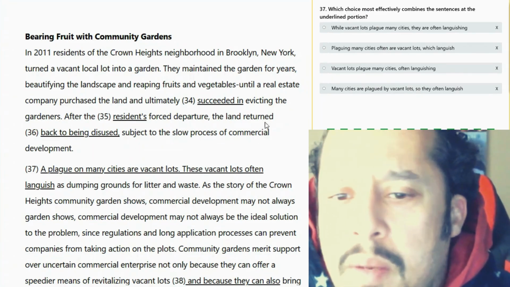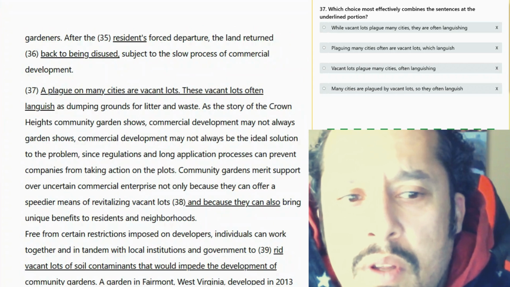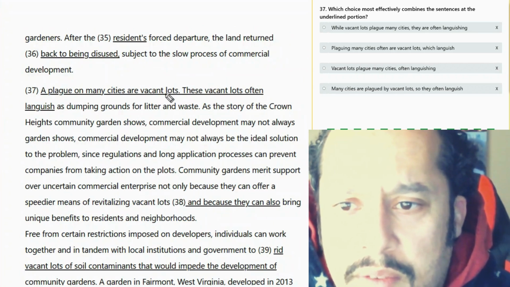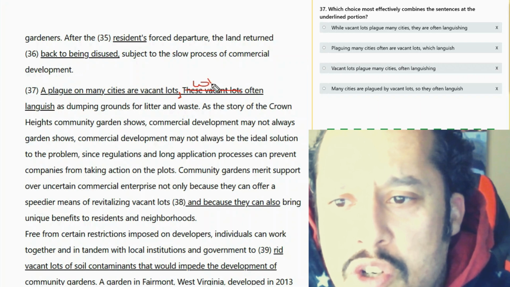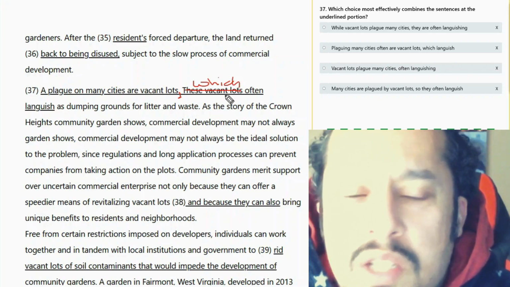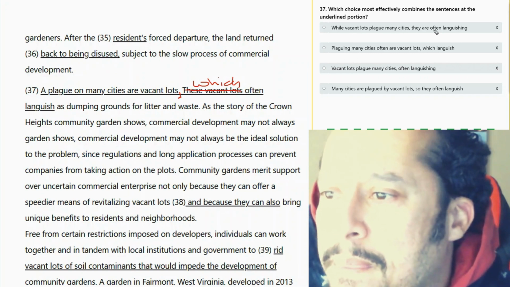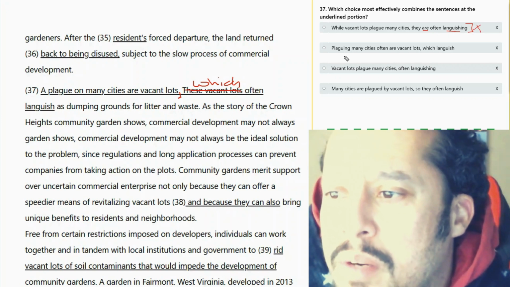Number 37, combining the sentence. So a plague on the city, on many cities are vacant lots on Okama, which often languish. So مش لازم أقول these vacant lots, مش لازم أقول الاسم ده تاني. They are often languishing, so it's a bit poor structure here.